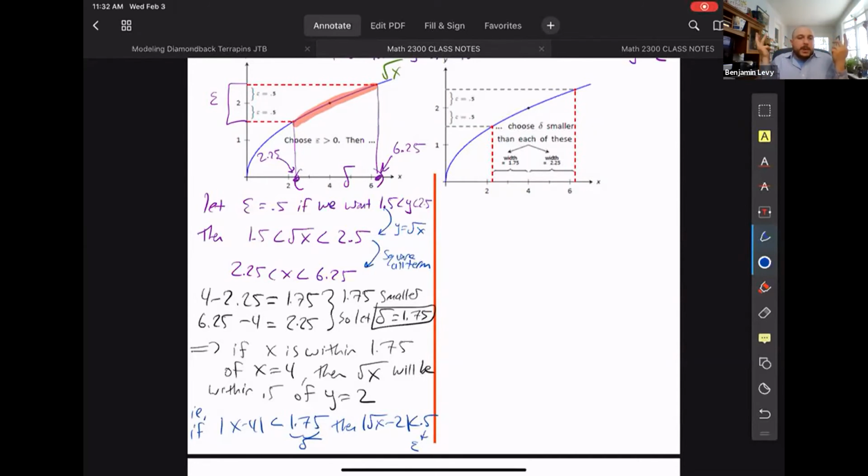But what we want to do is say how close we need to be no matter what epsilon we choose. And so that's what's going to go in this blank space that's currently open, an even more generalized version of what we just did.